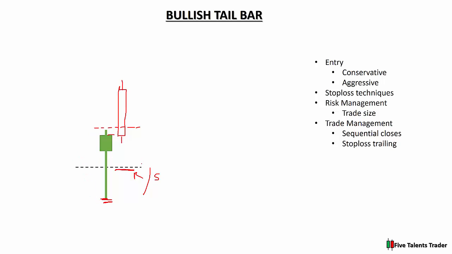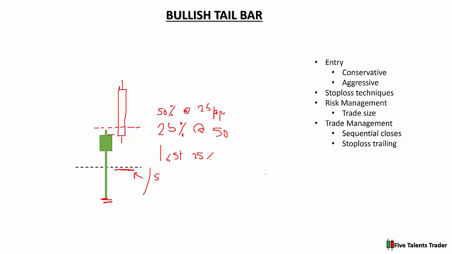And so to manage a trade, I close my trades in 3 parts. I close 50% of the trade at 25 pips and a further 25% at 50 pips, and then the last 25% is left to run until either the stop loss gets hit or a manual closure takes place.